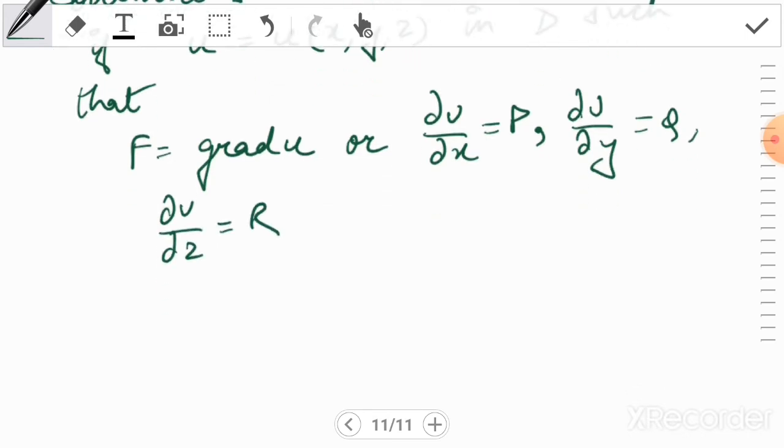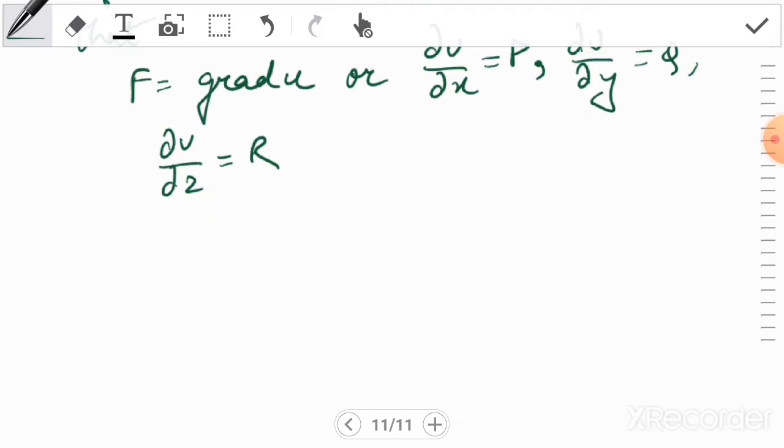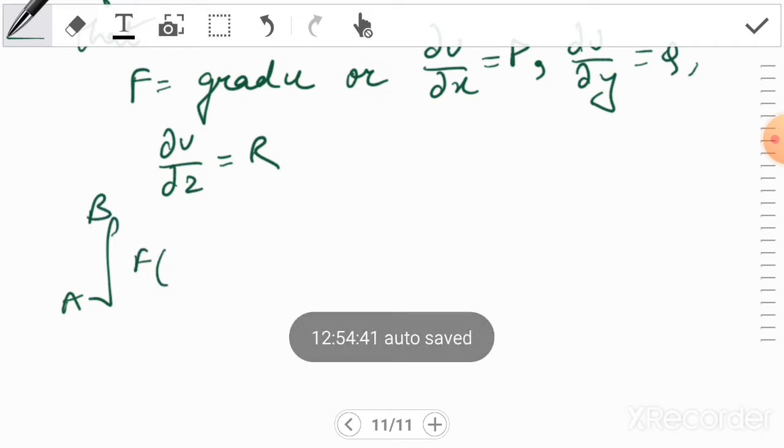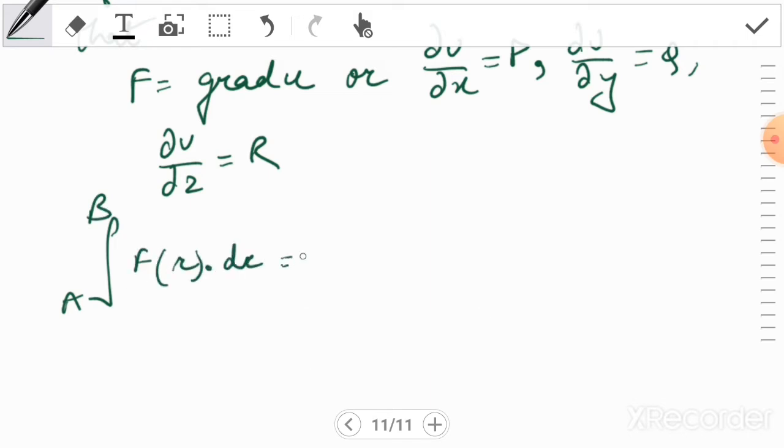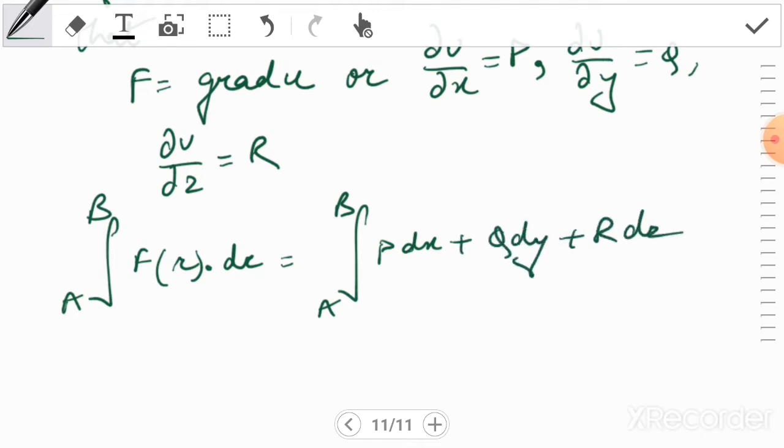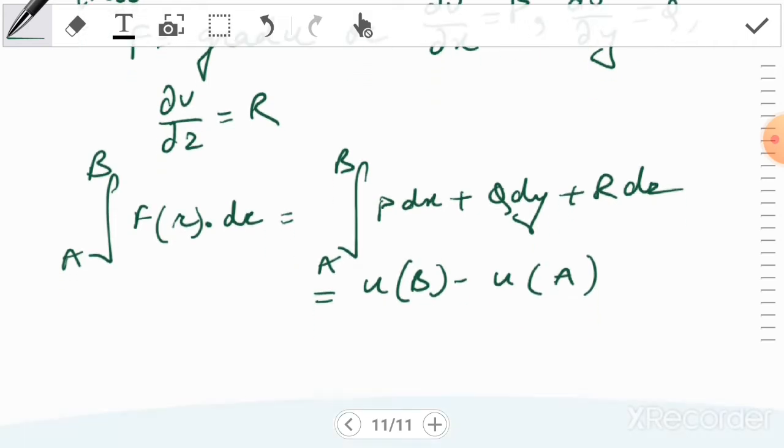So if this is the case, then the line integral of f along the curve C from A to B is given by the formula, p dx plus q dy plus r dz is equal to u of b minus u of a. So that means the line integral is path independent.